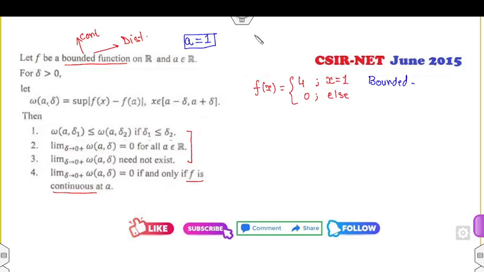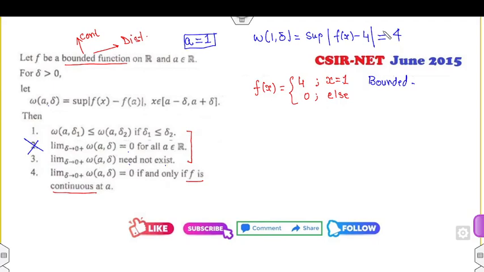So then what is omega of 1 comma delta? Supremum of f(x) minus f of 1. What is f of 1? It is 4. So can you calculate the supremum of f(x) minus 4? It comes to be 4. Fine. So it's 0. Yes.